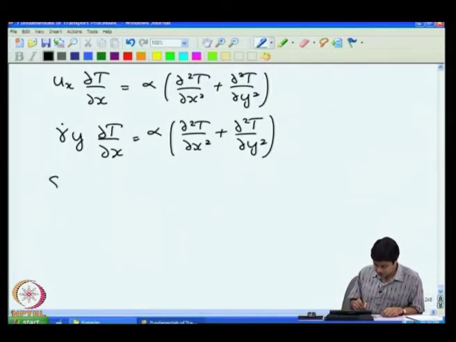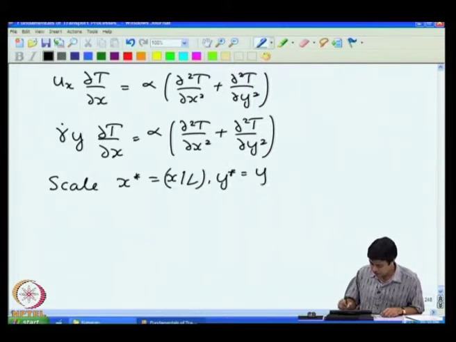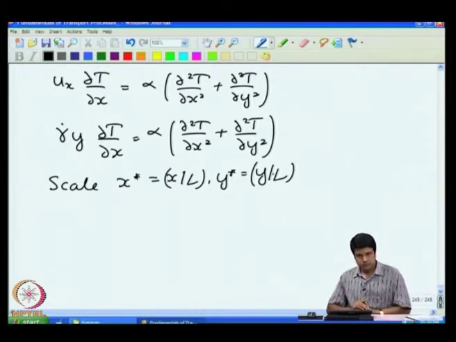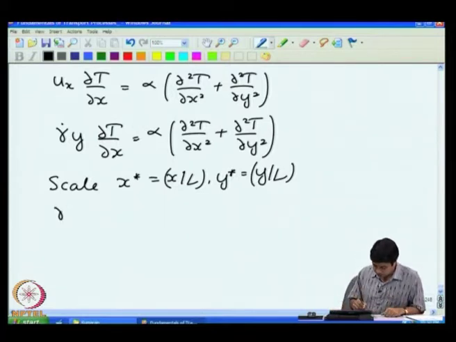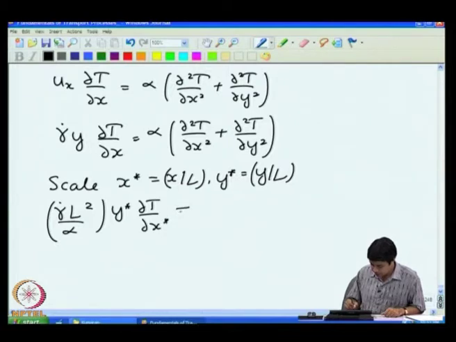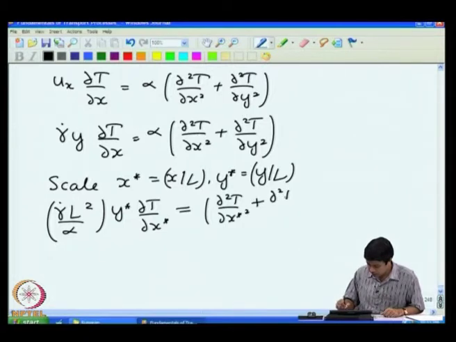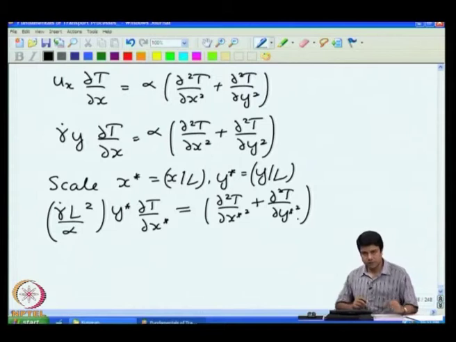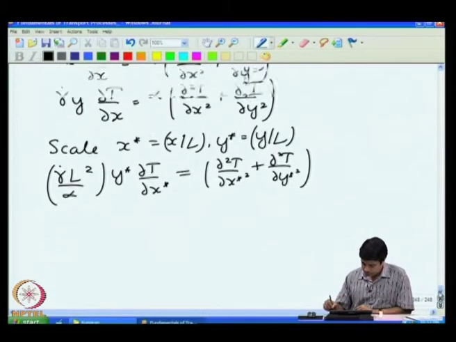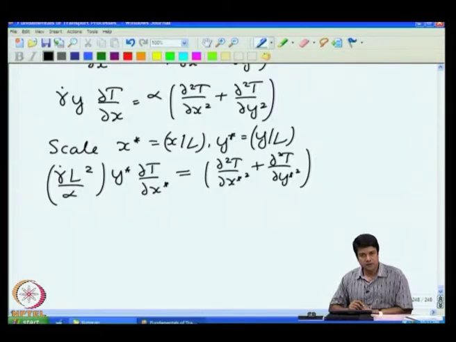I can scale all lengths: x star is equal to x by L and y star is equal to y by L. Once you do that, you will get gamma dot L square by alpha y star dT by dx star is equal to d square T by dx star square plus d square T by dy star square. So, that is the differential equation in scaled form.